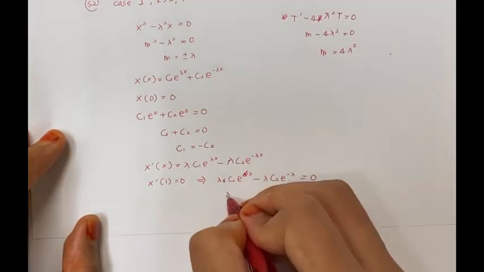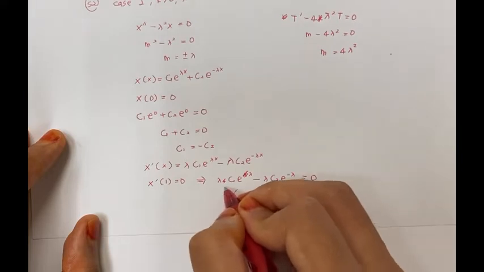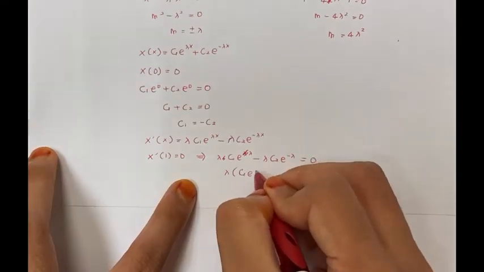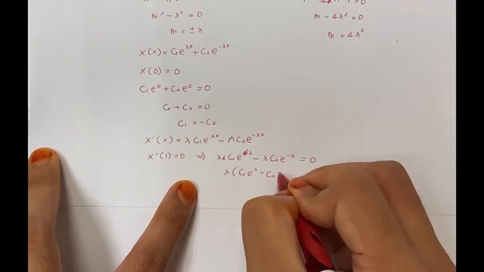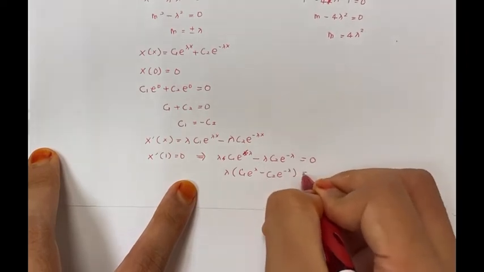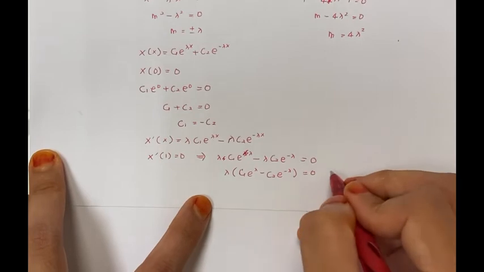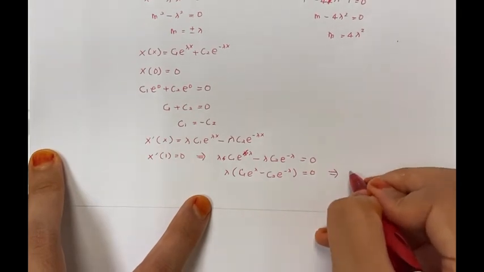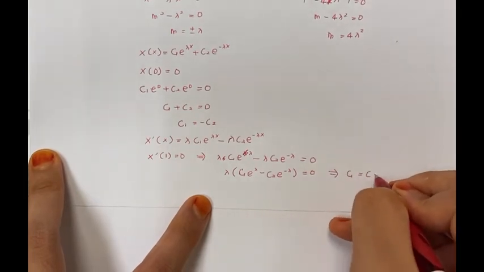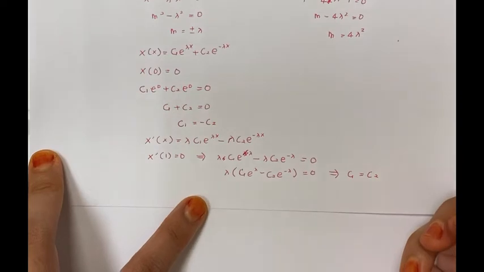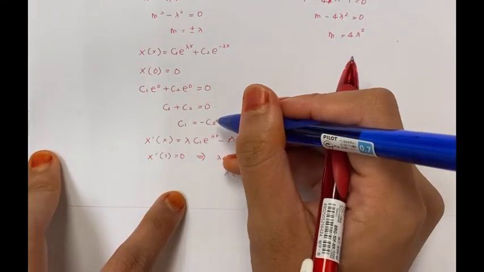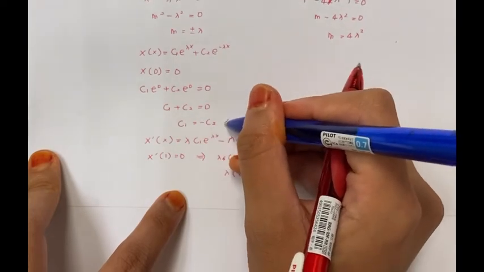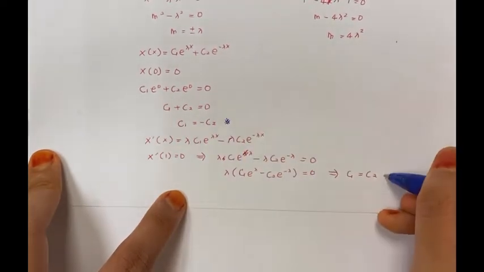So we can factorize this. We have lambda times (C1 e to the lambda minus C2 e to the negative lambda) equal to 0. So from here, C1 is equal to C2. First you have C1 equal to negative C2, and the second one you have C1 equal to C2.